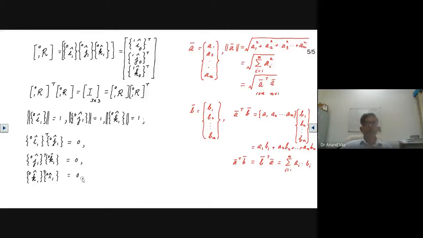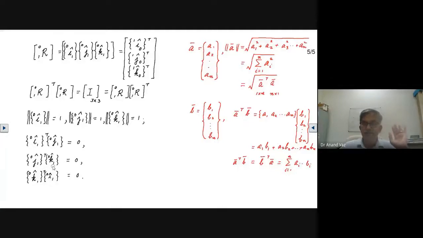So now you have got 6 restrictions on the elements of the R matrix. What are those? First one, second one, third one, fourth one, fifth one, sixth one. So you have got 6 restrictions on these 9 elements.